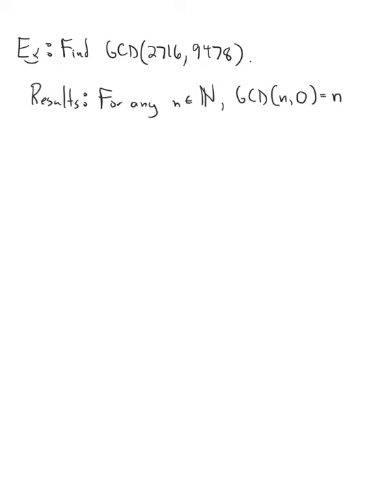Remember, everything is a divisor of 0. Everything is a factor of 0. So n times 0 is 0. n times 1 is n. So the greatest common divisor of n and 0 is n, for any n here. That's going to be really important to us.